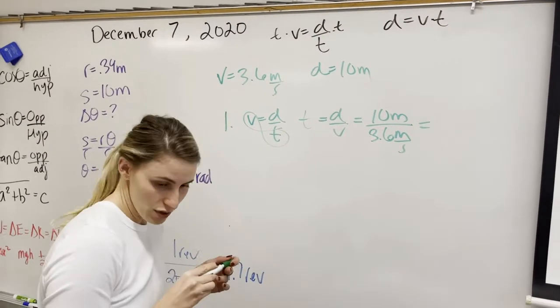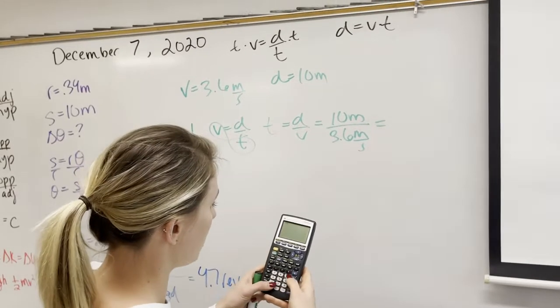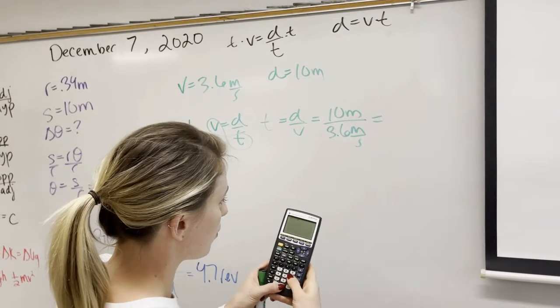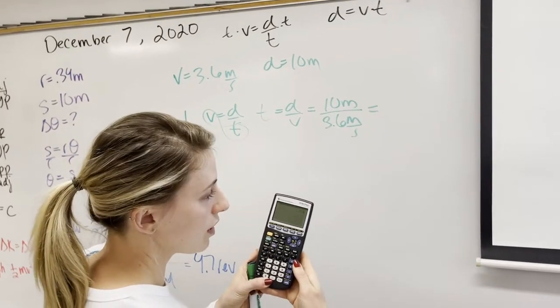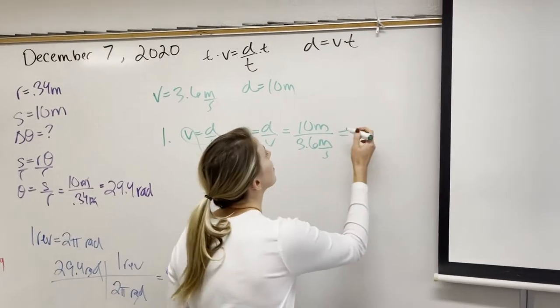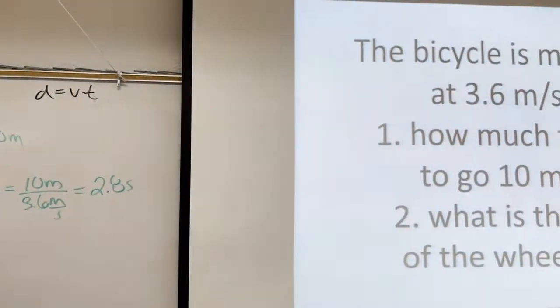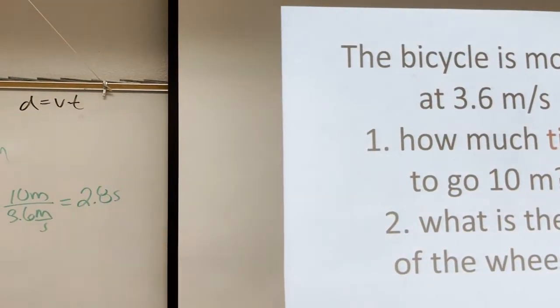If it's going 3.6 meters per second and it goes 10 meters, how much time did it take? 10 divided by 3.6, and I get 2.77. I'll call it 2.8 seconds. So it goes 10 meters in 2.8 seconds because it's going 3.6 meters per second.